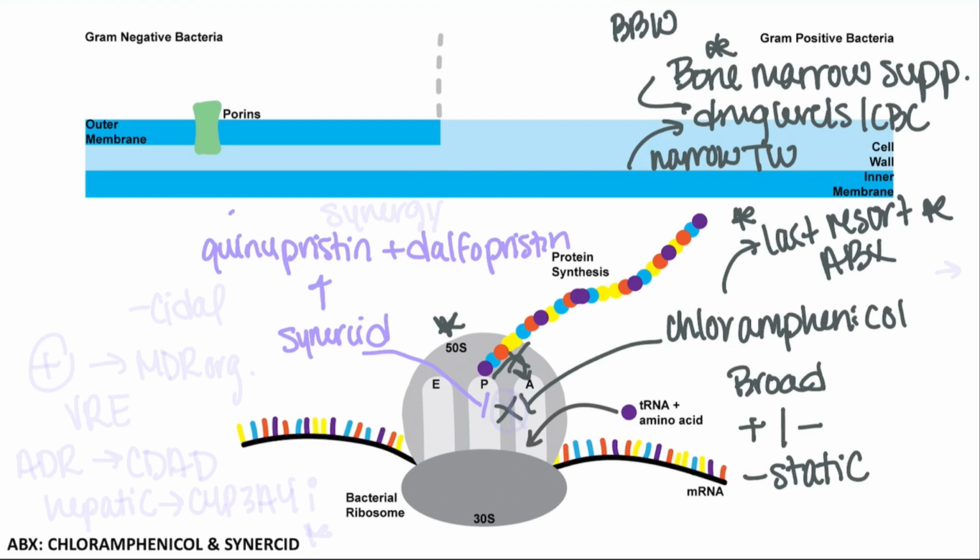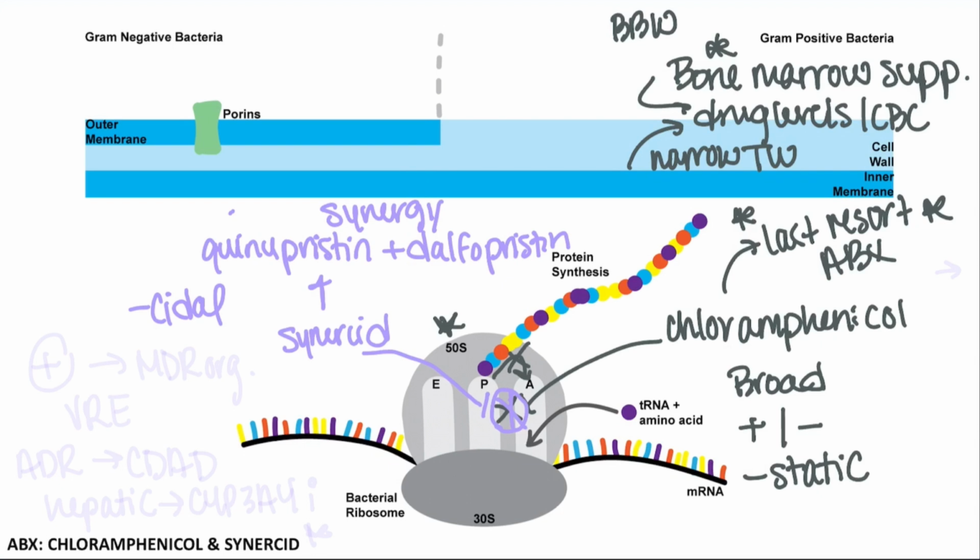But the two components bind the 50S ribosomal subunit at two different sites, all still near this same site, to inhibit bacterial protein synthesis, and this leads to a true synergistic antibiotic combination, where alone these agents are thought to be bacteriostatic, but when combined can be bactericidal based upon the pathogen.